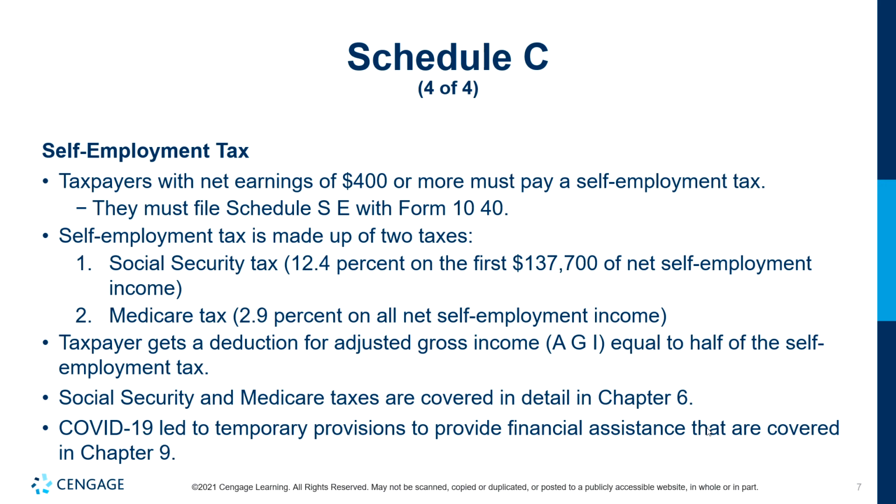Social Security and Medicare taxes will be covered later on, in probably a few weeks, in good old-fashioned Chapter 6. And Chapter 9 is going to hit a little bit of what has been going on with COVID-19. So both of those we're putting on the back burner to discuss in later chapters.